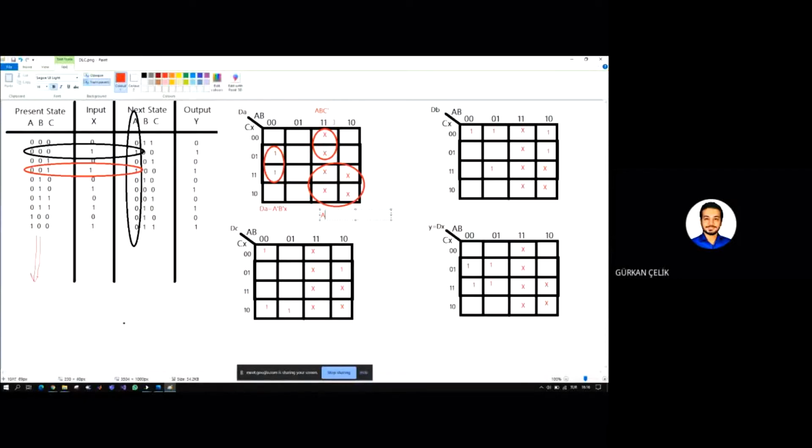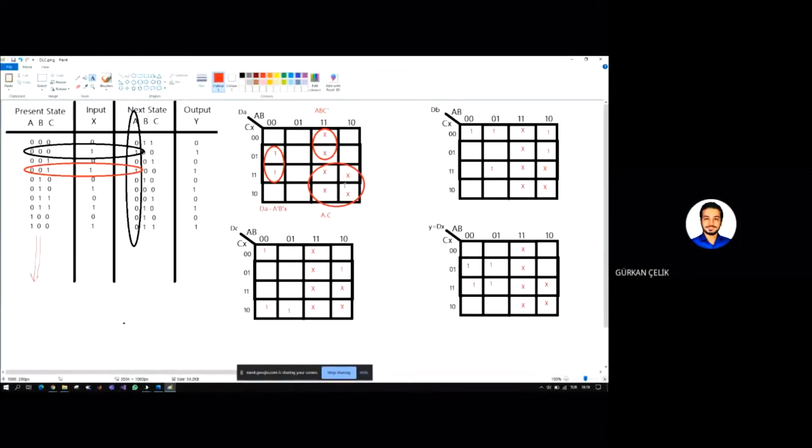The 1 is constant, but between 1 and 0, B changes. So we shouldn't write B here. A is enough for this. And for the row, who stays constant? C. A and C. This is A times C.